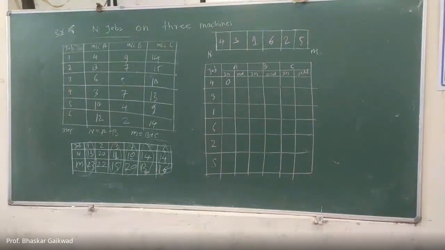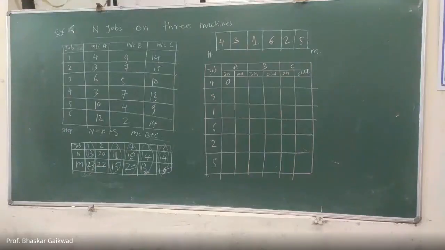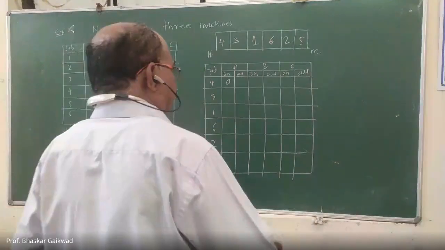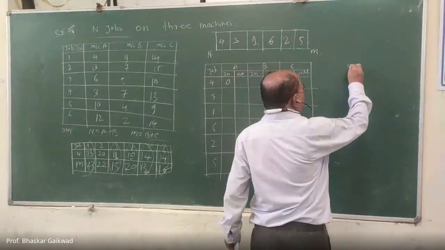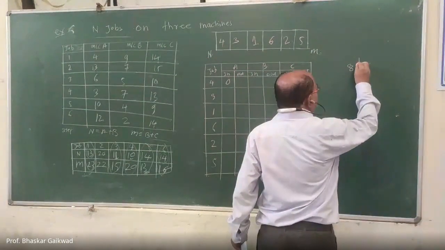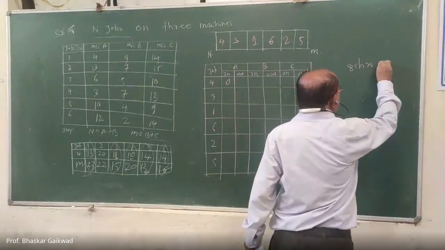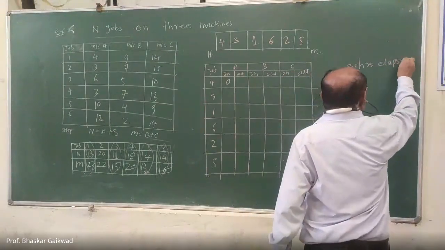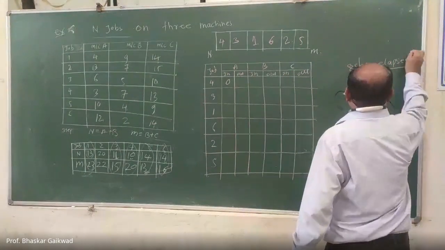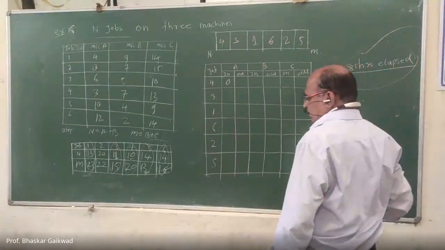How much? 85. Okay, correct. This is the right answer. 85 hours is the total elapsed time for all these machines.